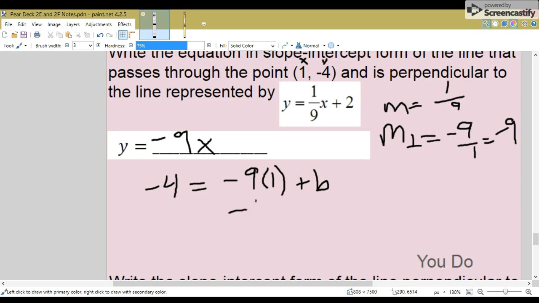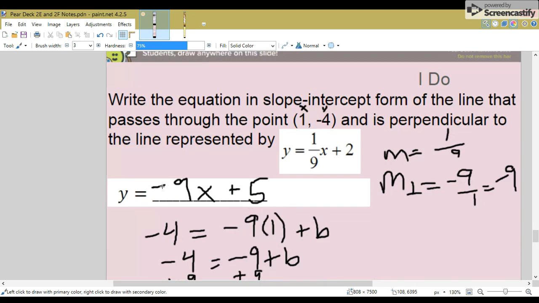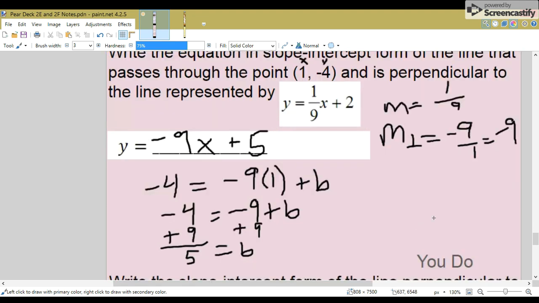Negative 9 times 1 is negative 9. From here, we will add 9 to each side of the equation. 5 equals b. So our equation is y equals negative 9x plus 5.